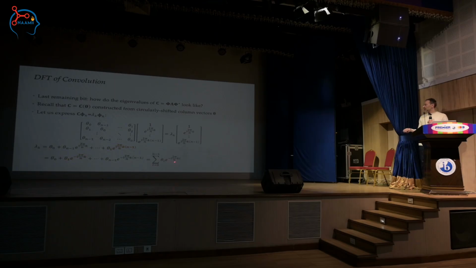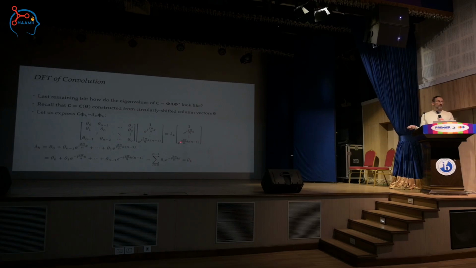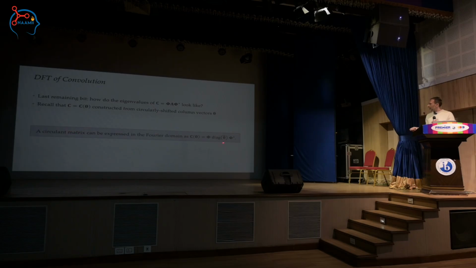And what you see here is that it can be written as this sum, theta L multiplied by these complex exponentials. I'm going through it a little bit fast, but if you go through these expressions again, this is just the Fourier transform of theta. So the conclusion is that the circulant matrix can be expressed in the Fourier domain in this way.